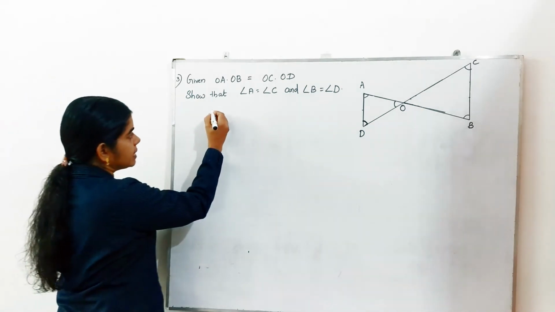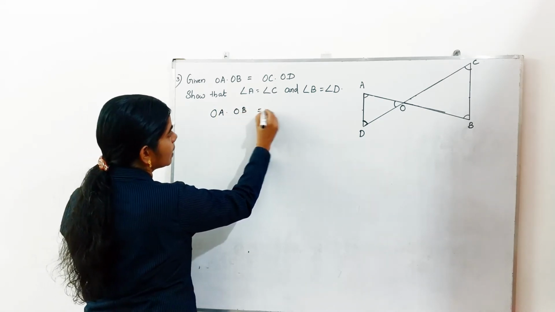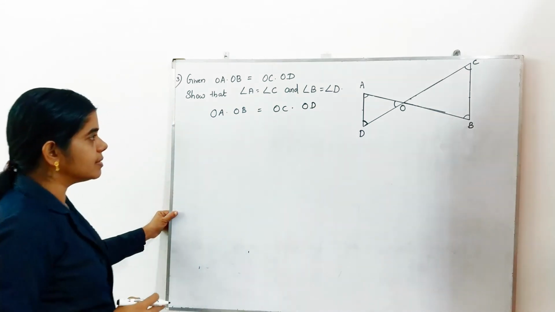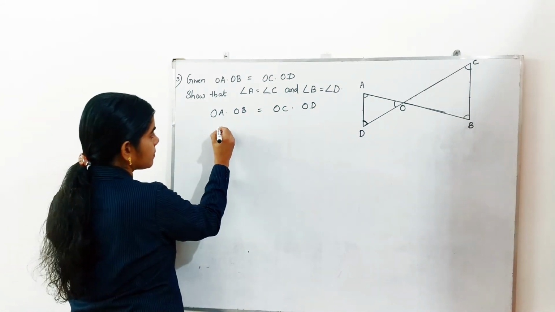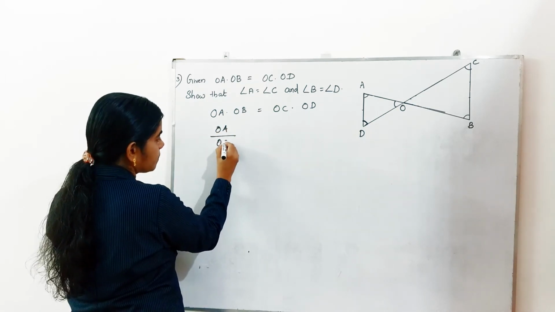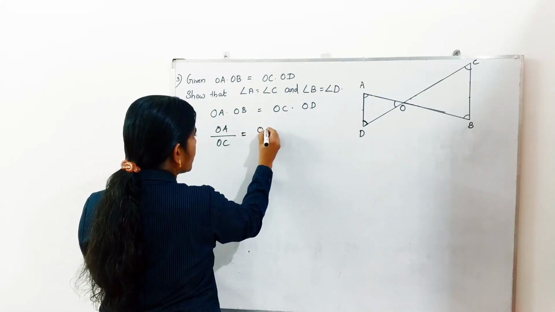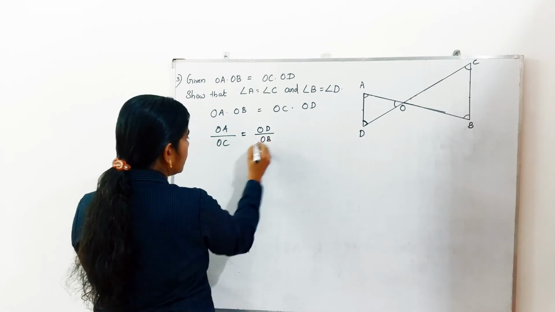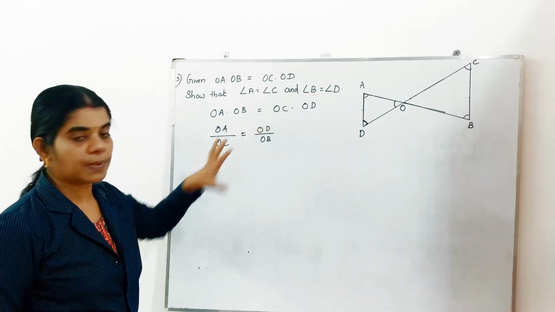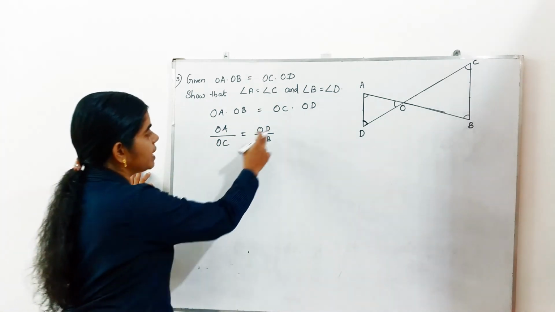If you want, you can write this as OA by OC equal to OD by OB. If you cross multiply, you get the same: OA into OB is equal to OC into OD. I have taken it this way.